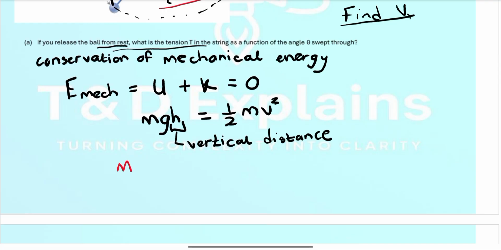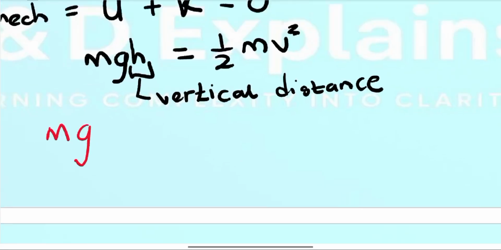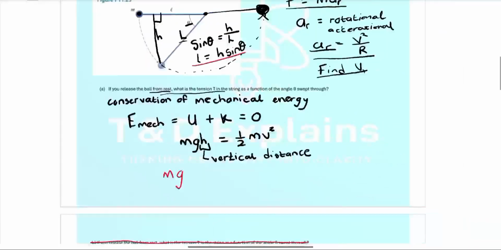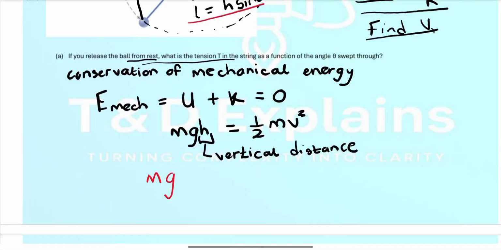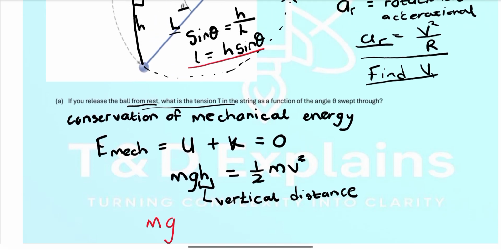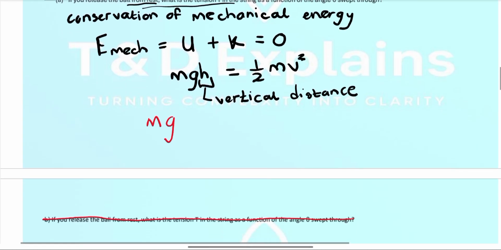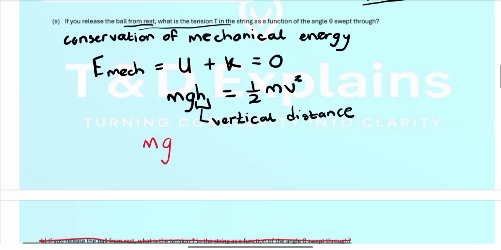So the mass multiplied by g, and then multiplied by the expression for h. This was a mistake, it's actually the other way around: h is equal to L sine theta. So the expression for h is L sine theta, which equals half mass v squared.